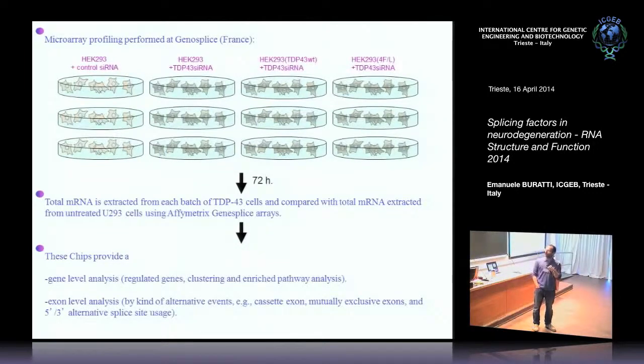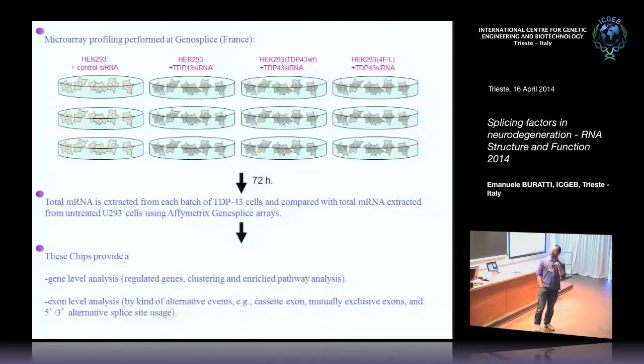So basically, you knock down your protein inside cells, and using a microarray platform, you can see all the pre-mRNA splicing events that occur when the protein is present and when the protein is absent, and then you can see where the differences are.